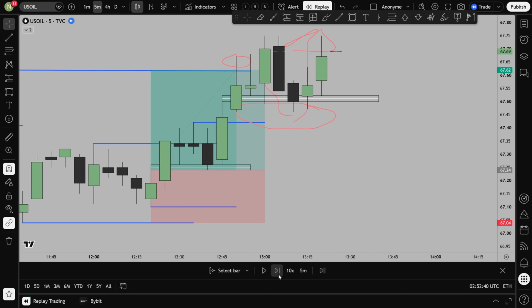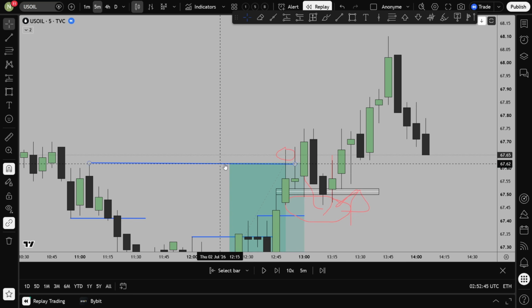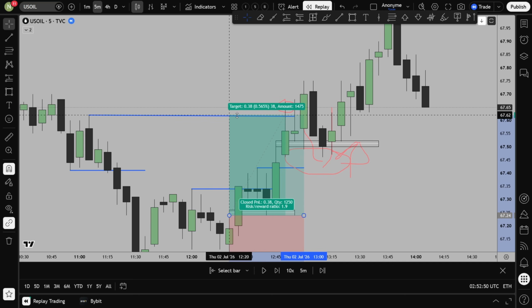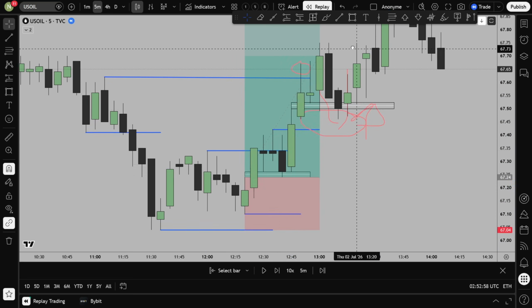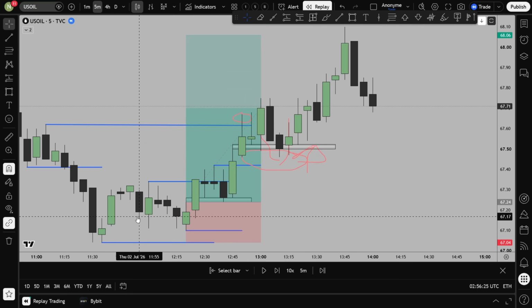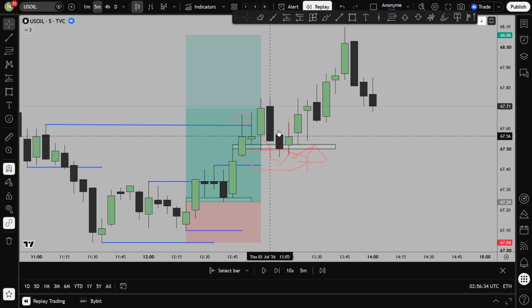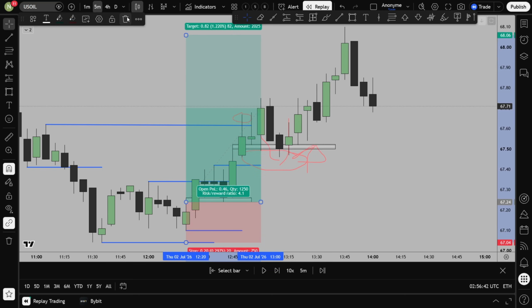Then it just continued up, and you will have here your 1.2 hour, and if you wait, you will have maybe more, depending on your risk, a 4 hour. So here we saw that we have an auction shift, then we had a continuation, meaning a change of character. You could have entered here and somewhere here, but your R will be less substantial.